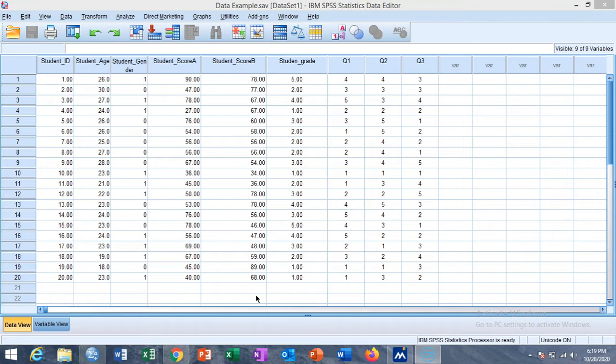So we start with the simple hypothesis that the null hypothesis is that the true population mean is equal to some specific value. We are talking about continuous data. In continuous data, we are mostly interested in comparing the mean of a variable to a specific value.